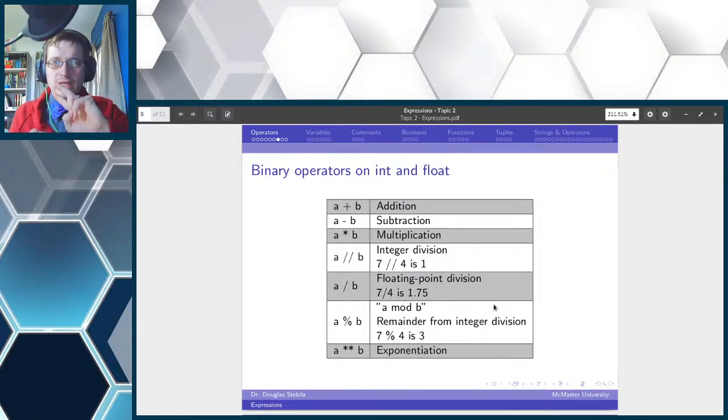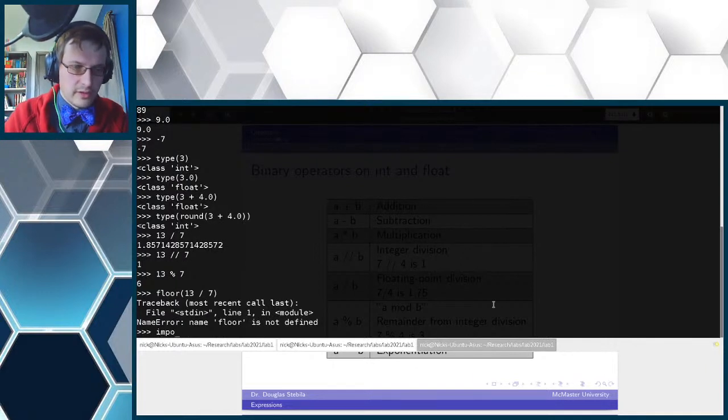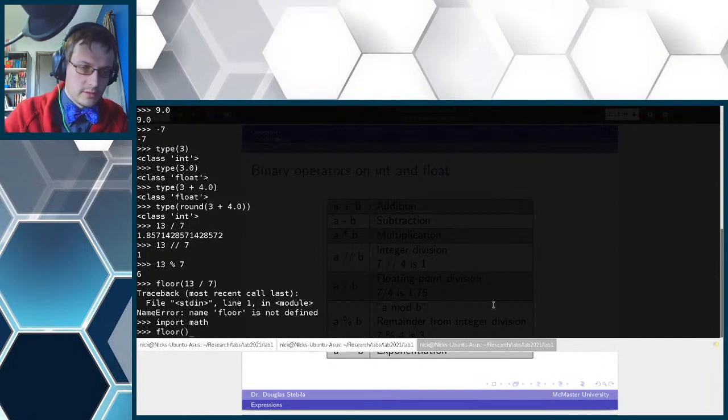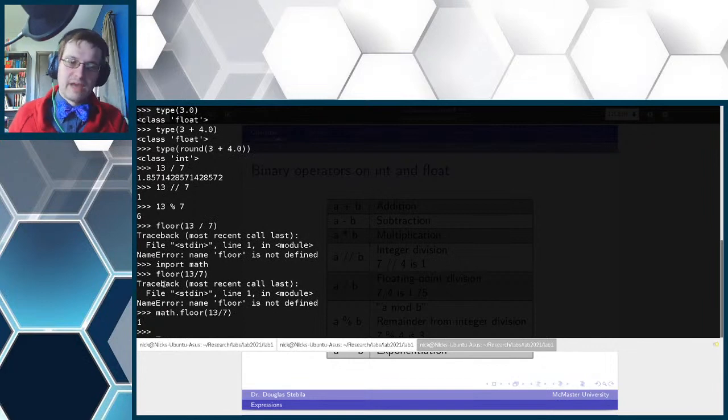But you can actually call it as well. I think you can just go floor. You might have to import math. Yeah, import math, floor 13 divided by 7. Maybe not. Okay. Is it math dot floor? There we go. Math dot floor. Yeah, so it's the same thing.